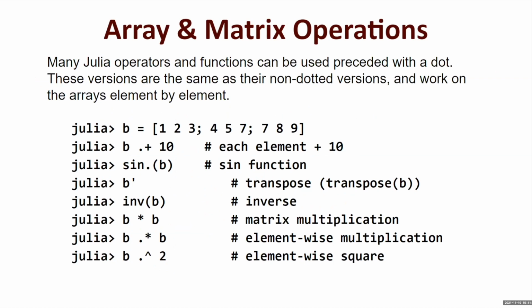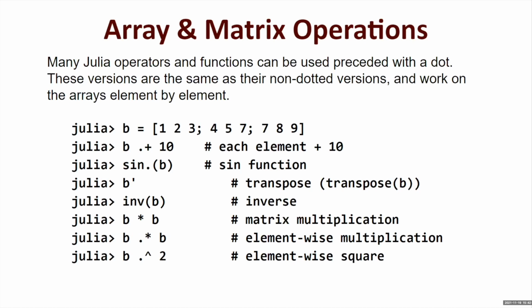After you define this B as a matrix, 1, 2, 3, 4, 5, 7, 7, 9, 8, there is a reason why I put a 7 instead of 6, because we are doing an inverse. If it's linearly dependent, you'll get singular values, you'll get infinity. That's why I changed the 4, 5, 6 into 4, 5, 7.